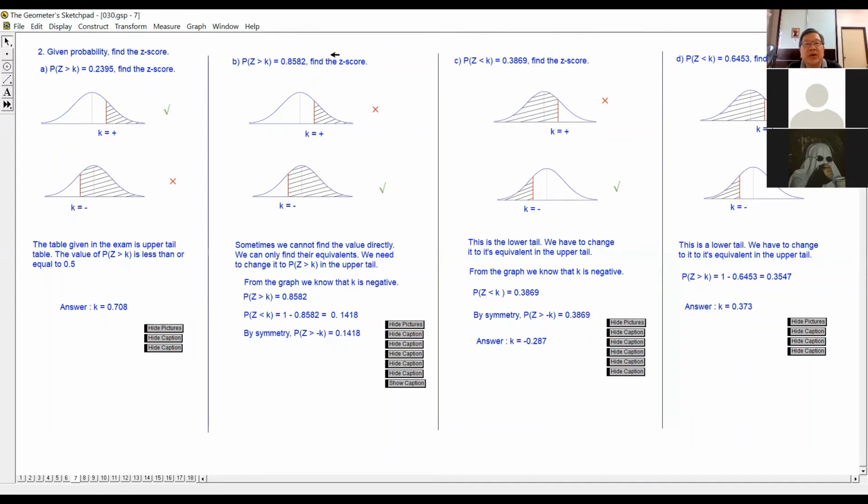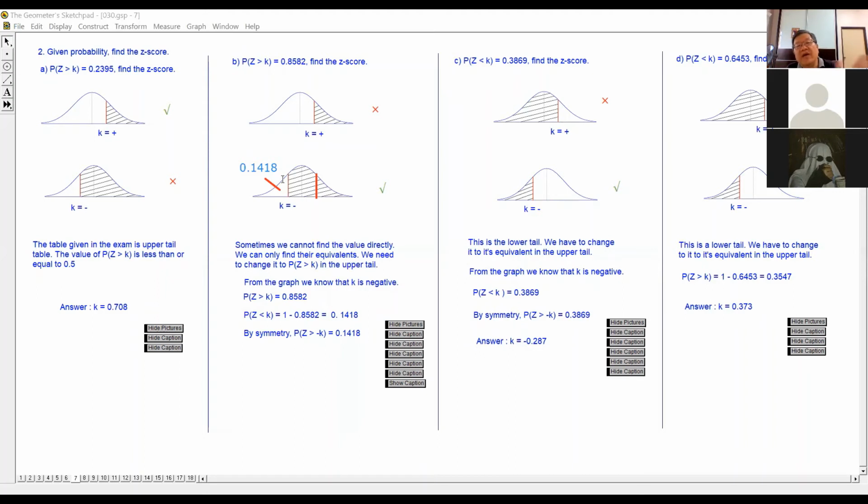Now what does this mean? I'll show you. It means that there is another line here. The probability here, this side less than k, is 0.1418. But our table cannot find less than k.